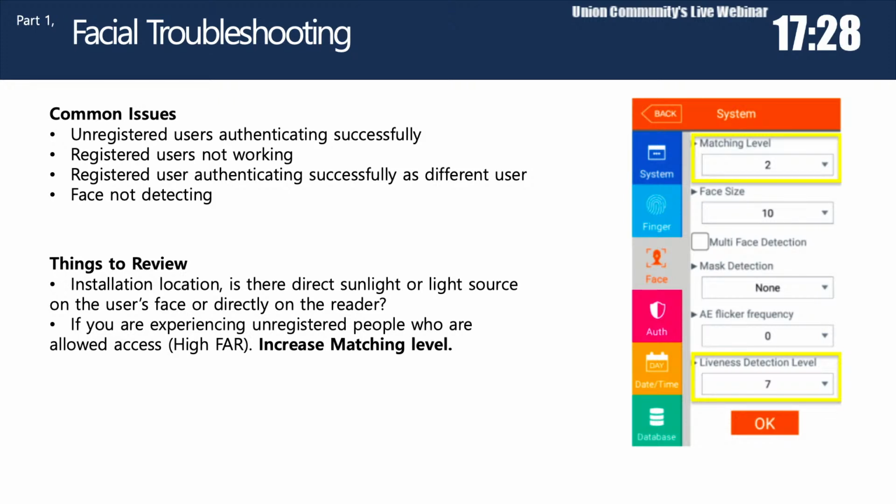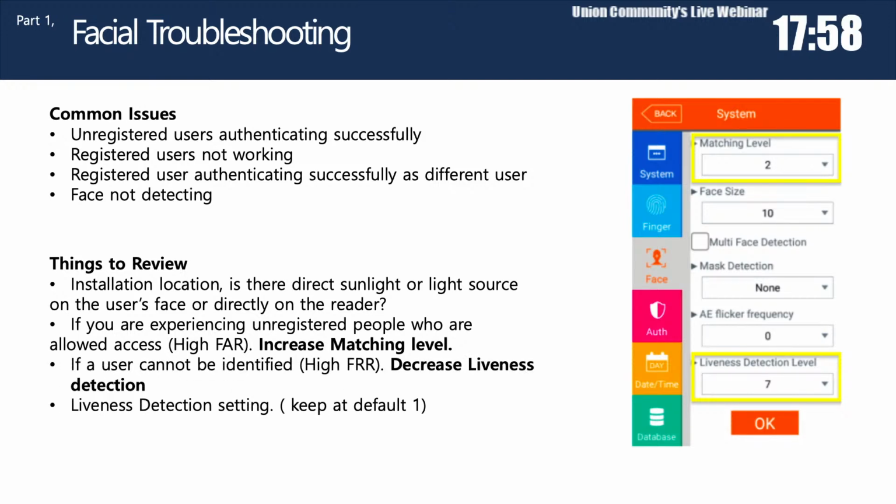However, if you're seeing a high FAR, try increasing that level to something a little bit higher. Don't go by too much, maybe by 2 or 3 points, and then do some tests, not just with one person, but with a few people, maybe 5 to 10 minutes of testing multiple people. If it works fine, then you consider the matching level increase is okay.